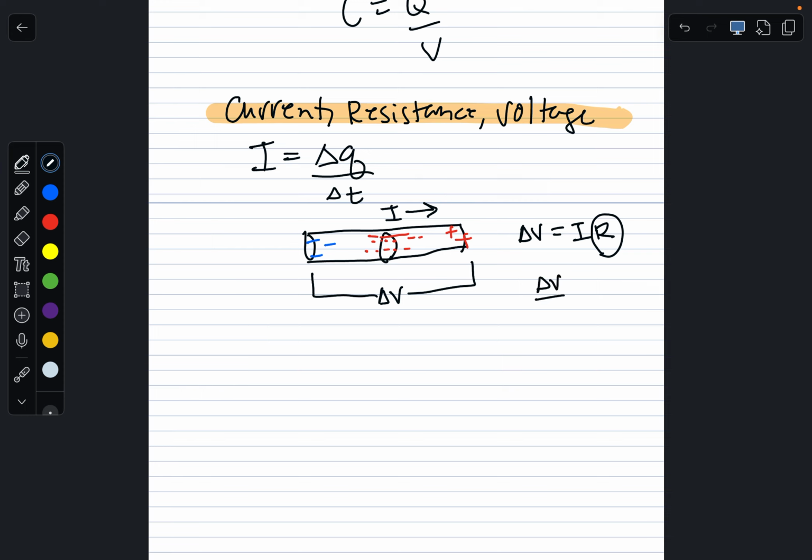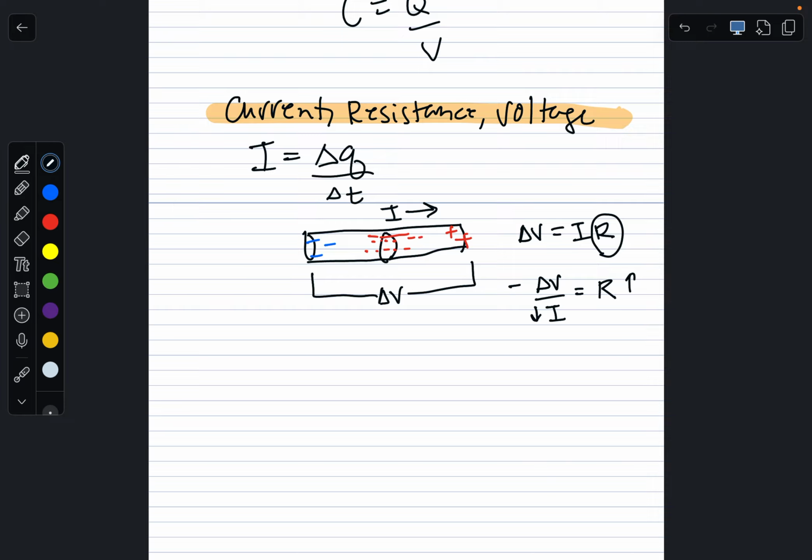So the bigger the R, the less current you get to move. The bigger the resistor, the less current moves through a given potential difference. And vice versa: the lower the R, the more current moves through a given potential difference.